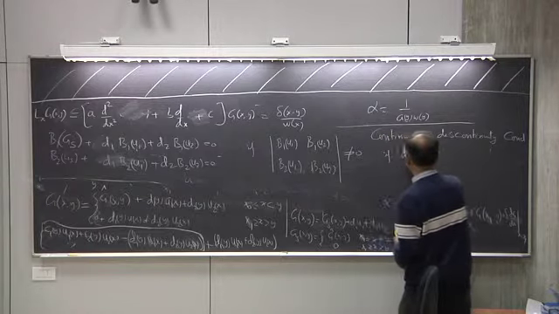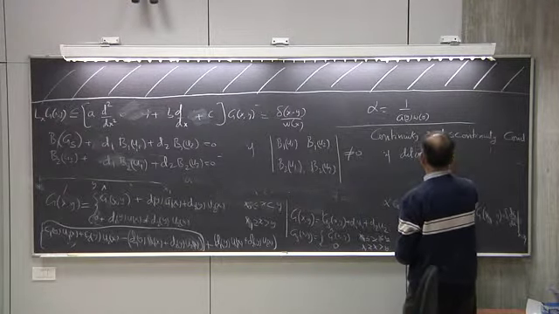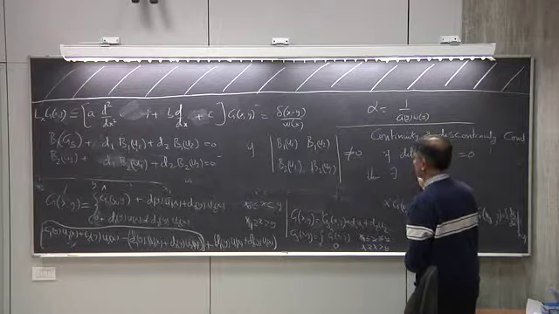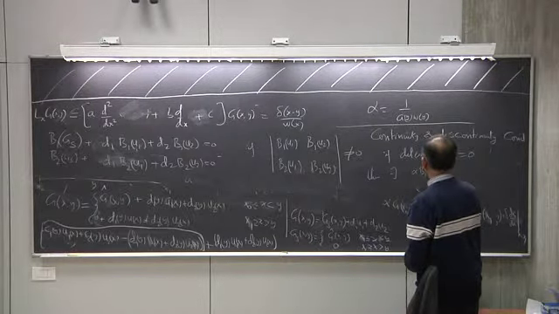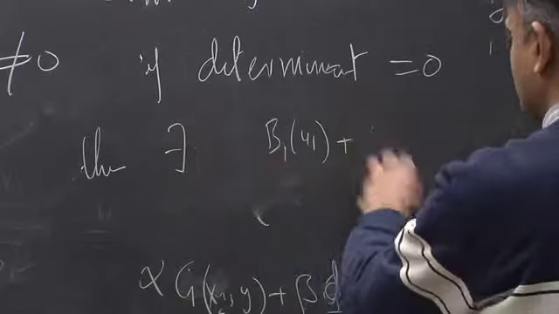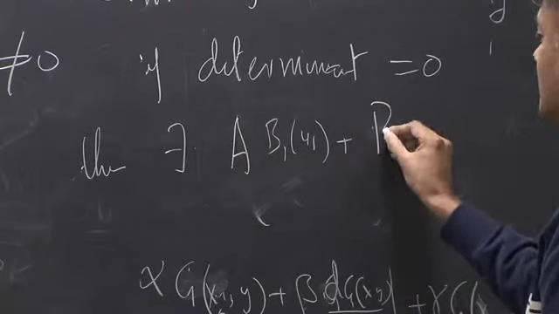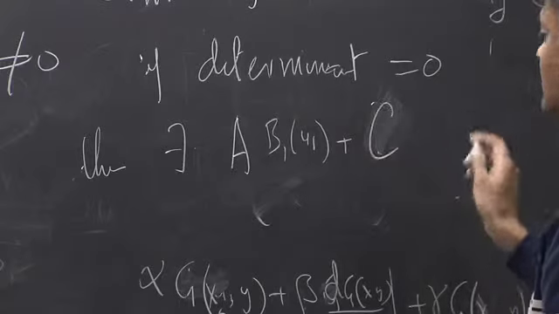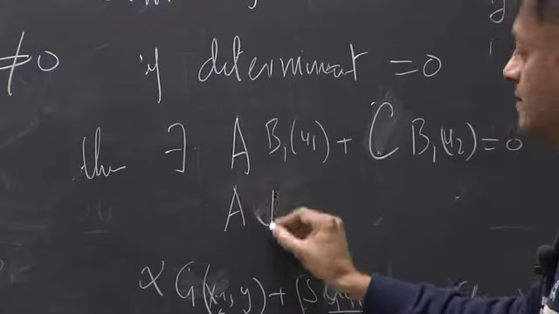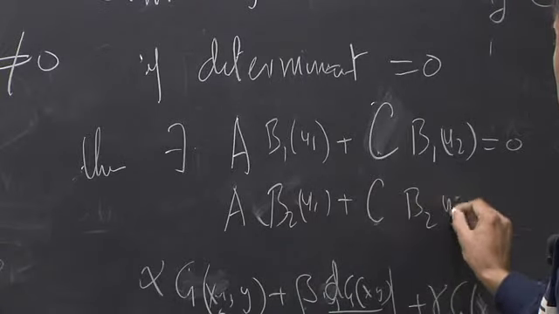If this determinant is equal to 0, then there exists a linear combination, say capital A B1 u1 plus capital C B1 u2 equal to 0, and capital A B2 u1 plus capital C B2 u2 equal to 0.